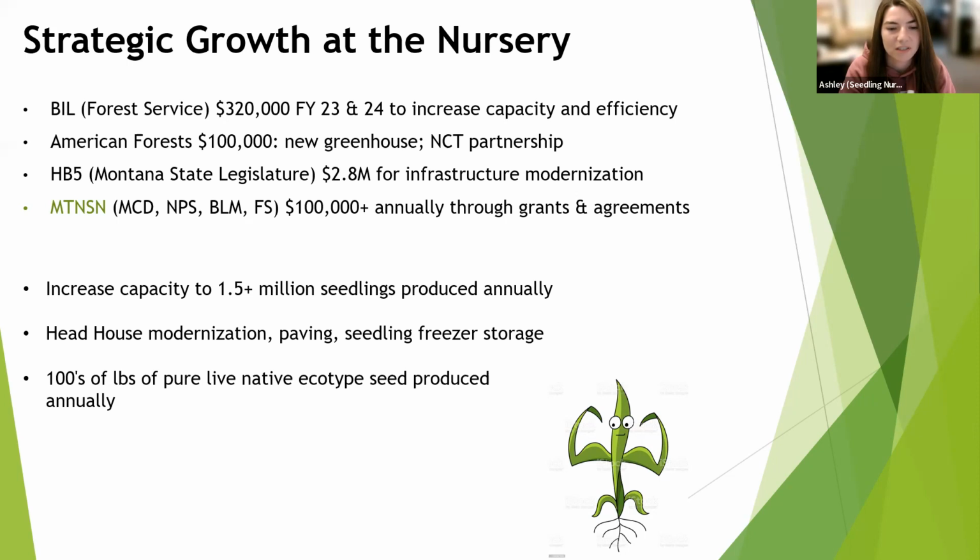Things are pretty old out here, and the more infrastructure we can update, the more seedlings that we can produce at an affordable rate. And I will touch on this a little more towards the end of the presentation, but the acronym MTNSN, that's the Montana Native Seed Network, and that's a new venture we are starting this year.